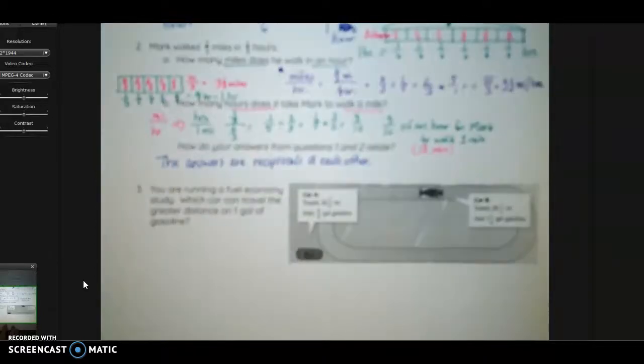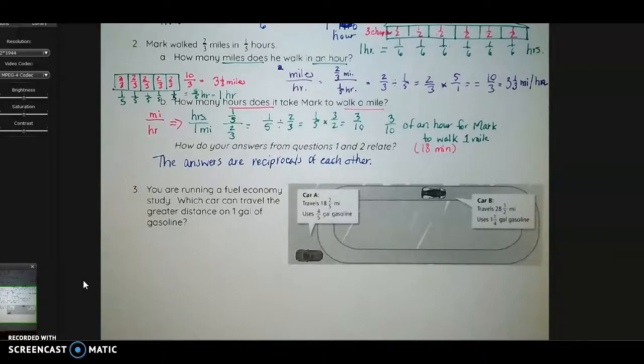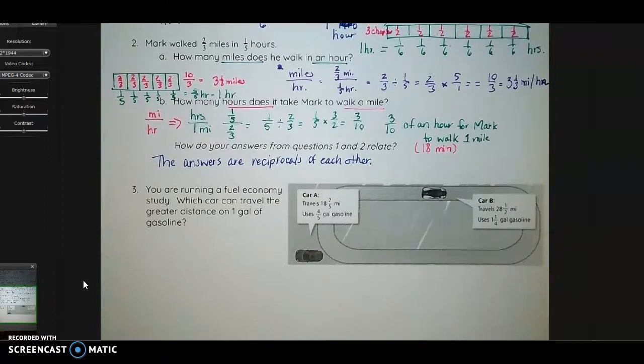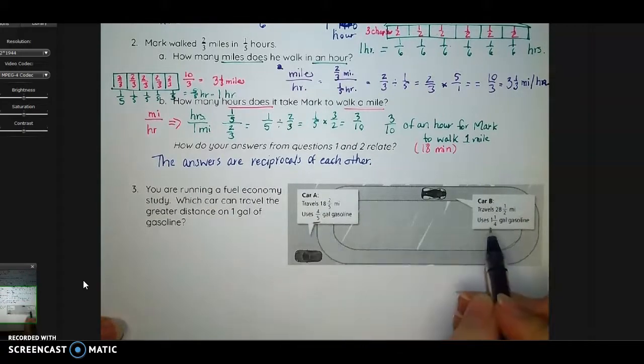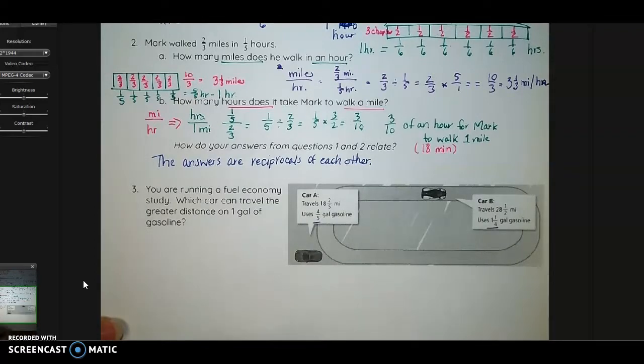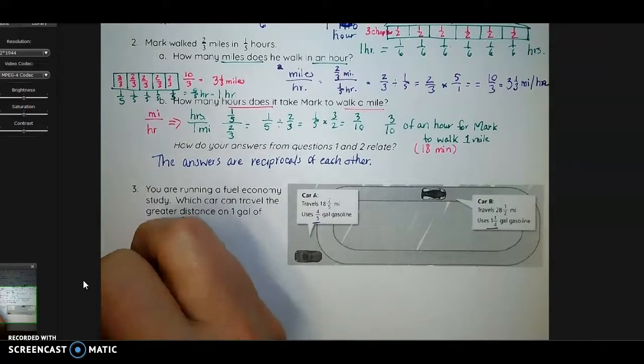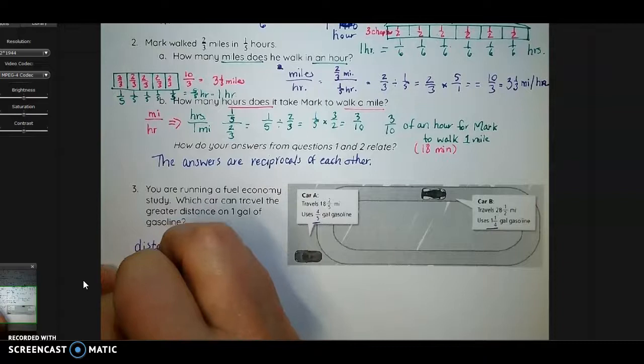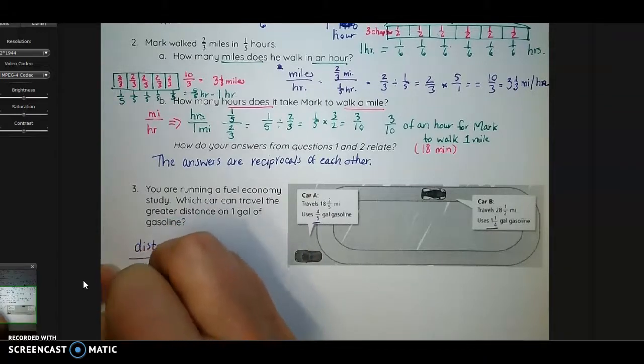The next one says you are running a fuel economy study to see which car can travel the greatest distance on 1 gallon of gasoline. Well, they didn't tell us to the 1 gallon of gasoline. They told us to the 4/5 and to the 1 1/4. So if I want to know how far I can travel on 1 gallon of gasoline, I'm going to be doing distance over gallons.